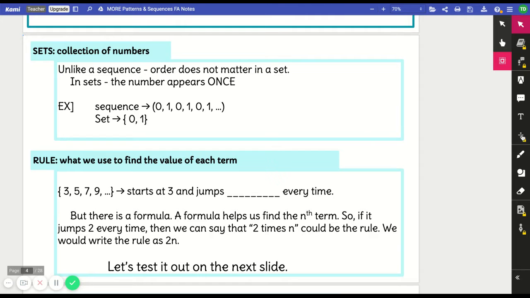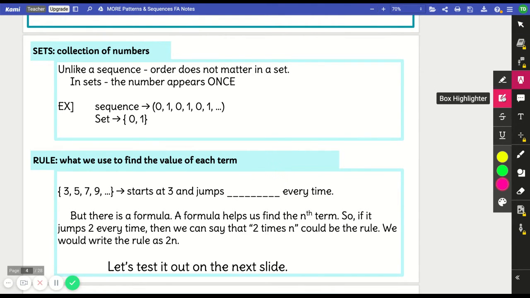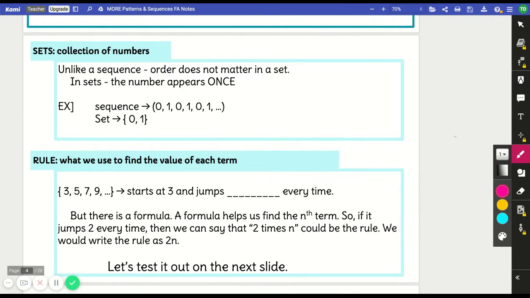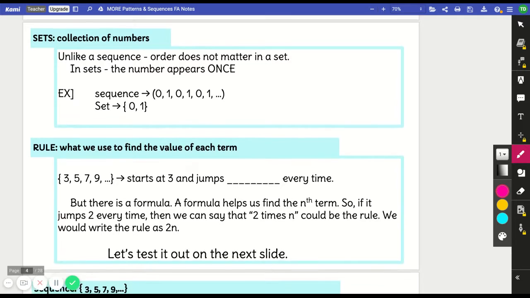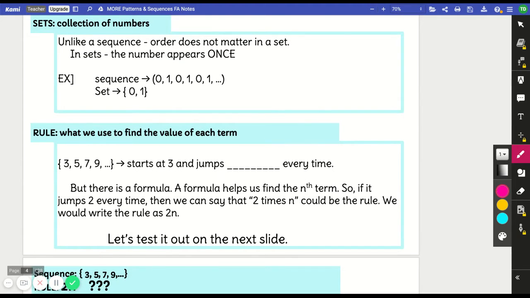Okay, so let's go on to the word rule. That's what we use to find the value of each term. So for instance, we have 3, 5, 7, 9 again.